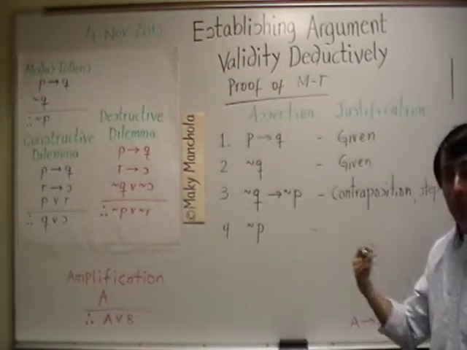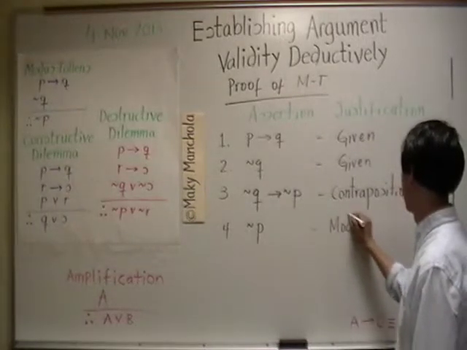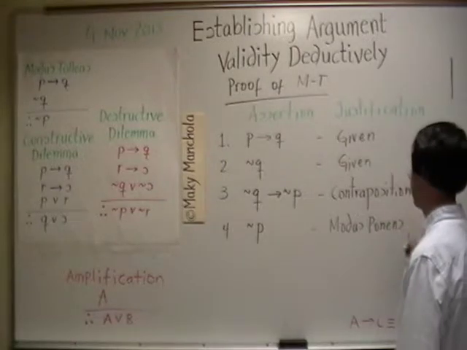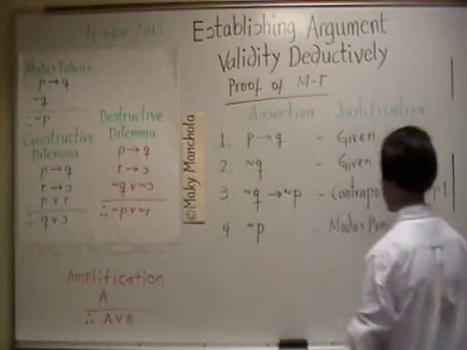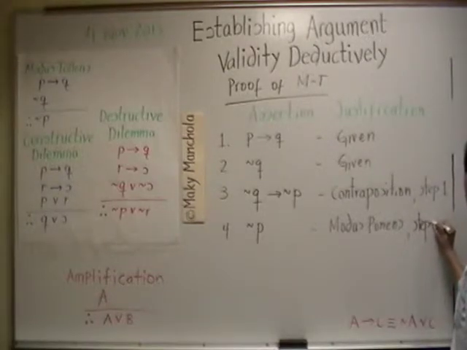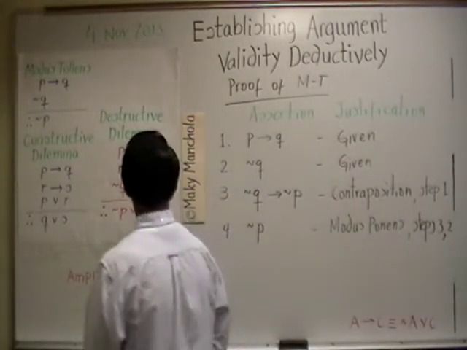Justification, we have applied modus ponens. Where did we do that? In steps 3 and 2 in that order. And we're done.